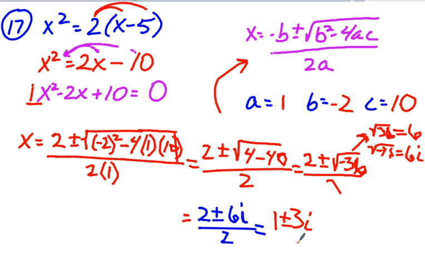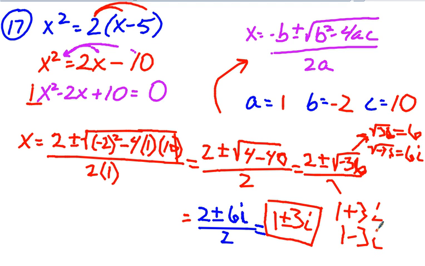Just like if your answer was 5 over 1, you just write it 5. So we're just going to write 1 plus or minus 3i. And we'd be done. Okay? So here we have an imaginary answer. Now remember though, this is two answers. It's 1 plus 3i and 1 minus 3i. So you do have two answers there, even though it's written as a combination.